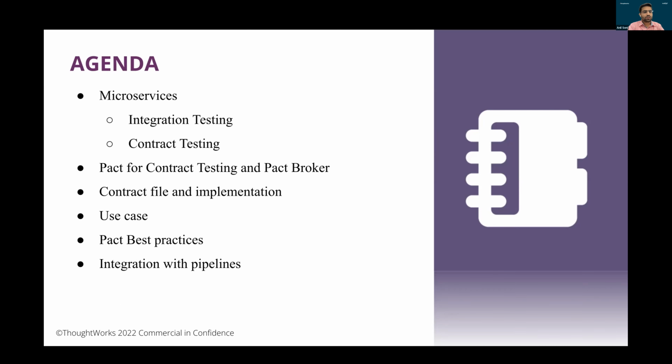Then we will look into the contract file and how the implementation is done for it. We will also demonstrate the same use case. Next, we will look into Pact best practices. Finally, we will conclude our presentation with the integration with the pipelines, that is, how we integrate Pact.